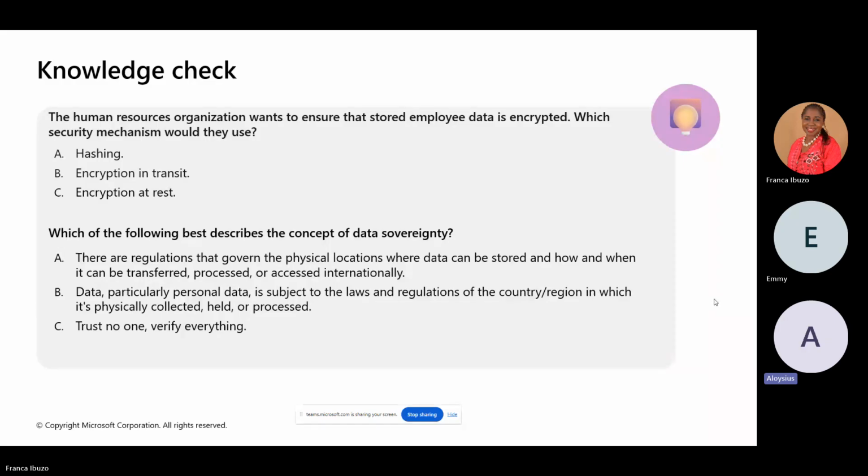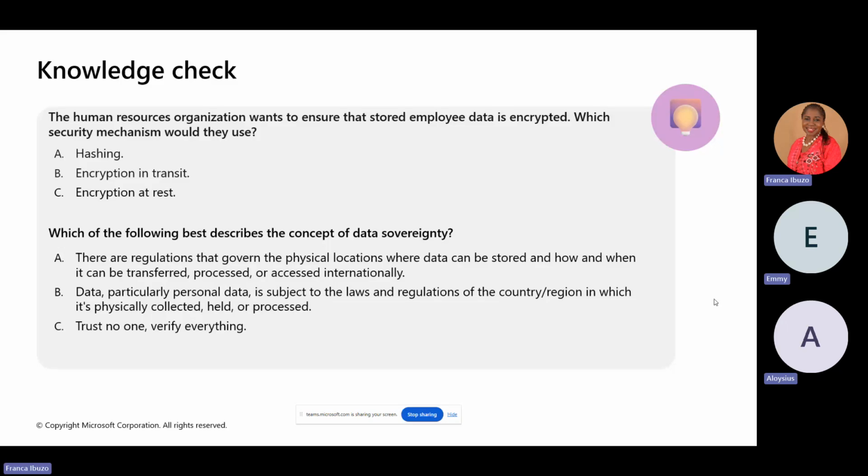Data, particularly personal data, is subject to the law and regulation of the country or region in which it is physically collected, held, or processed. Yes, the answer is B.